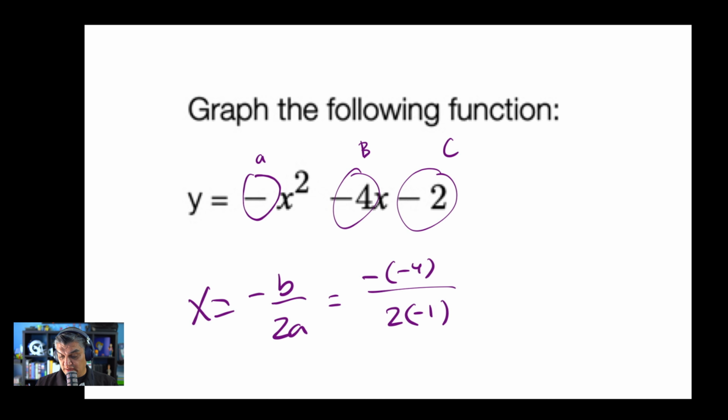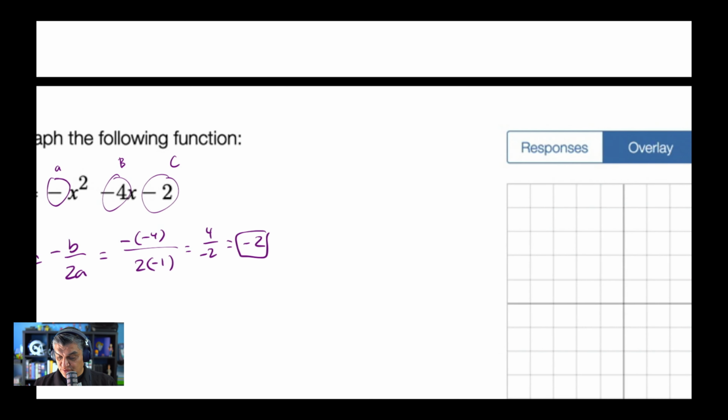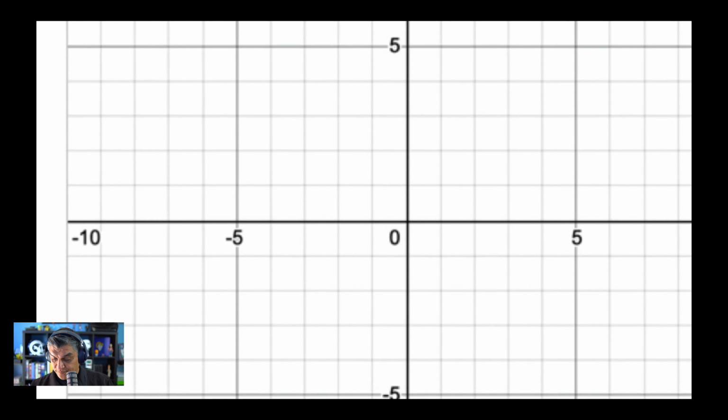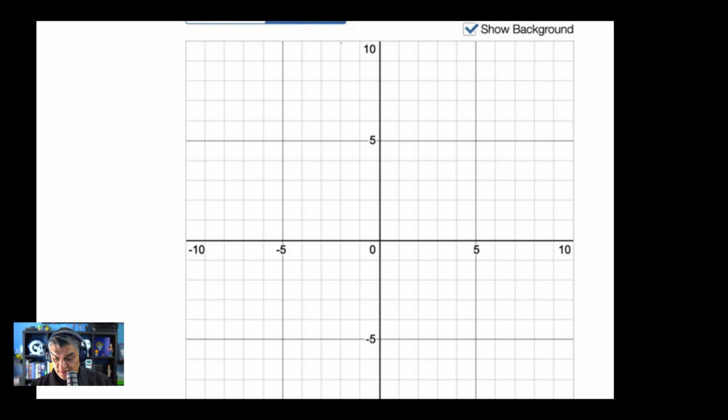If you don't see a number there, it's 1. So we get positive 4 over negative 2. So my x is negative 2. So my axis of symmetry is negative 2. So if I go over here at negative 2, there's my axis of symmetry. There's my mirror, right? And so that means my vertex is somewhere on that axis. It's right in the middle. The vertex is always in the middle. The axis of symmetry is in the middle.